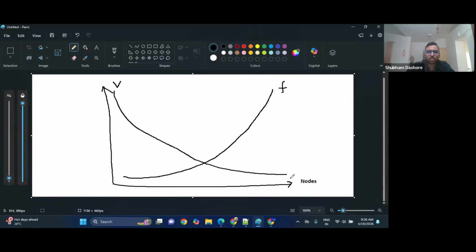As we go towards the lower nodes, this I am not able to remember exactly.